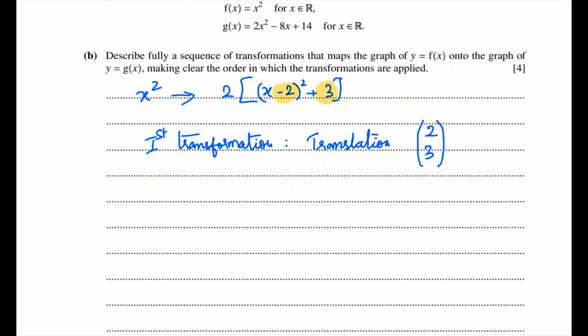Next, it is multiplied by 2. So the second transformation is the stretching.